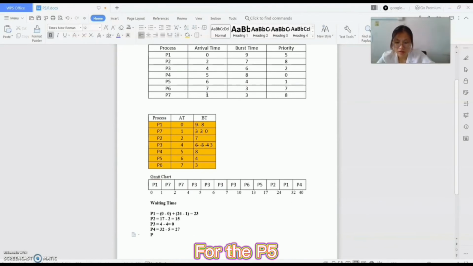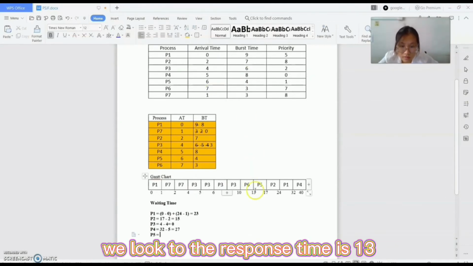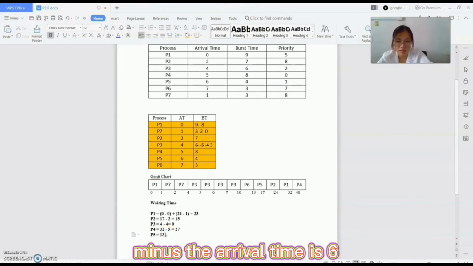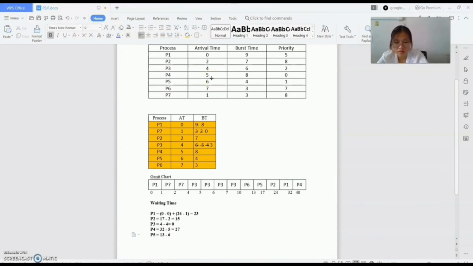For P5, the response time is 13 minus the arrival time is 6, equal to 7.